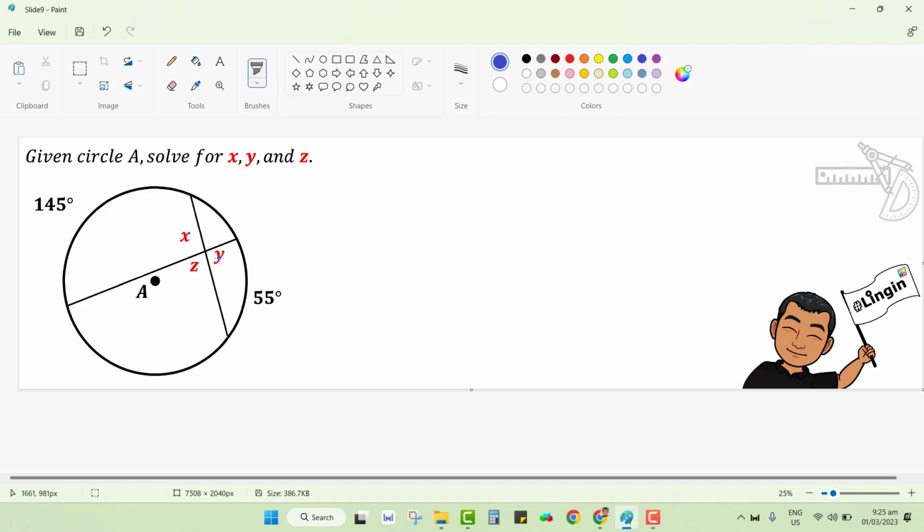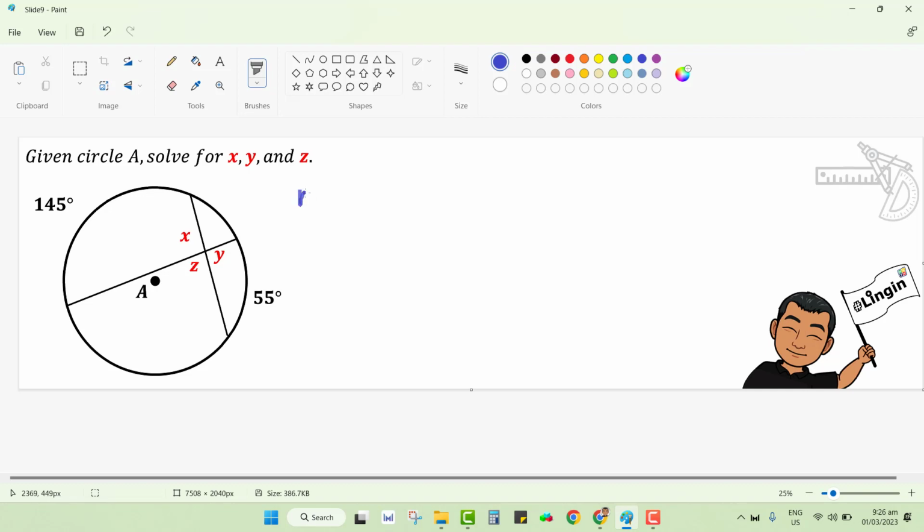What we could do is look into the fact that these three angles are formed when two chords intersect inside a circle and the point of intersection is not the center. We actually have a theorem to support the measurement of each.